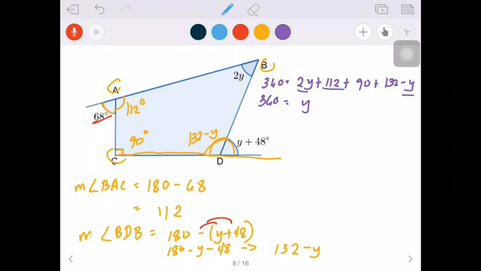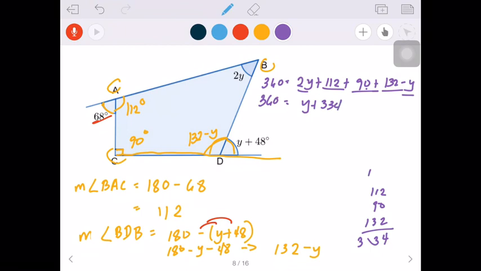Then 112 plus 90 plus 132. Let me add this portion to show you the sum. That's 334. So plus 334, and then 360 minus 334 equals y. So y here is equal to 26.